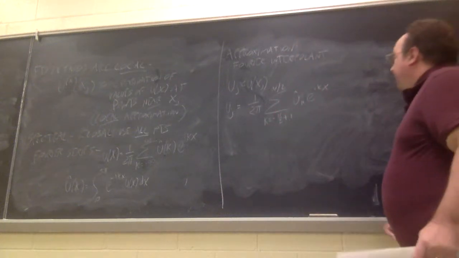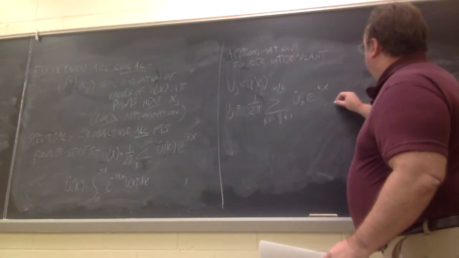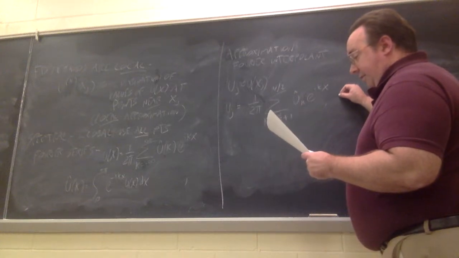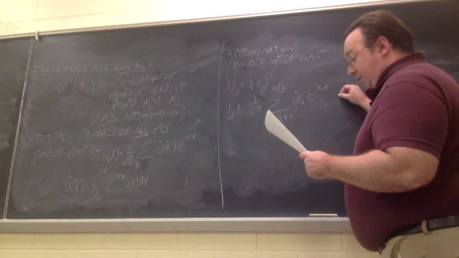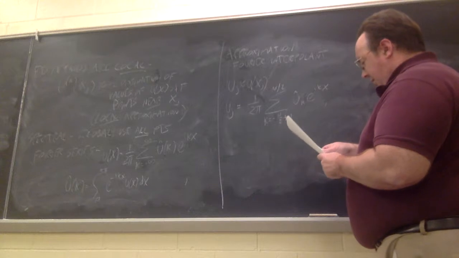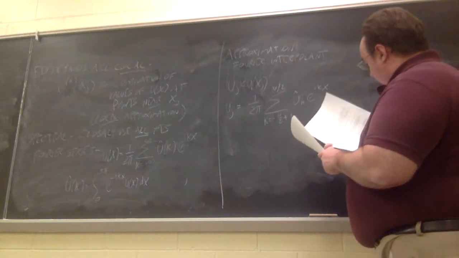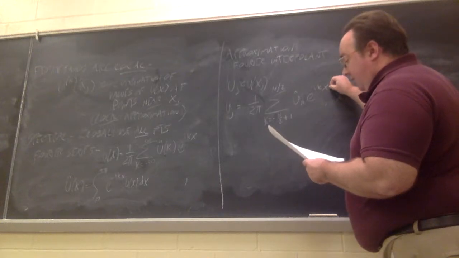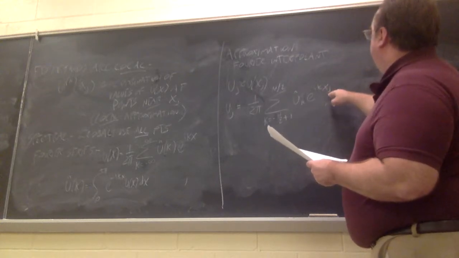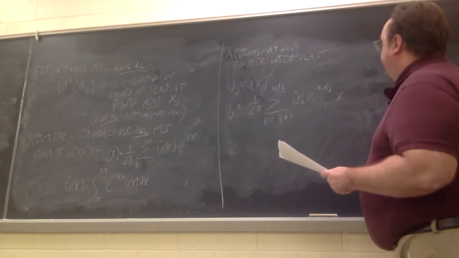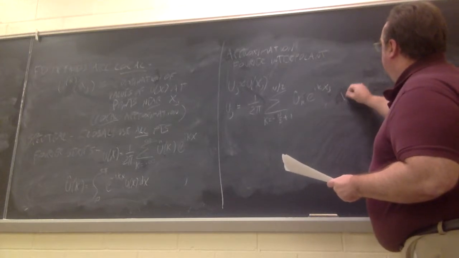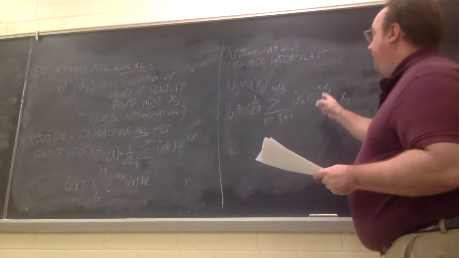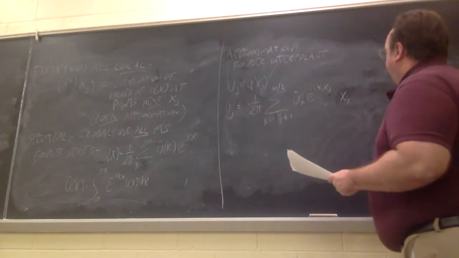Okay. Our grid points, xj, oh, sorry, it should be xj right here. So we're evaluating the series at a particular point, xj.